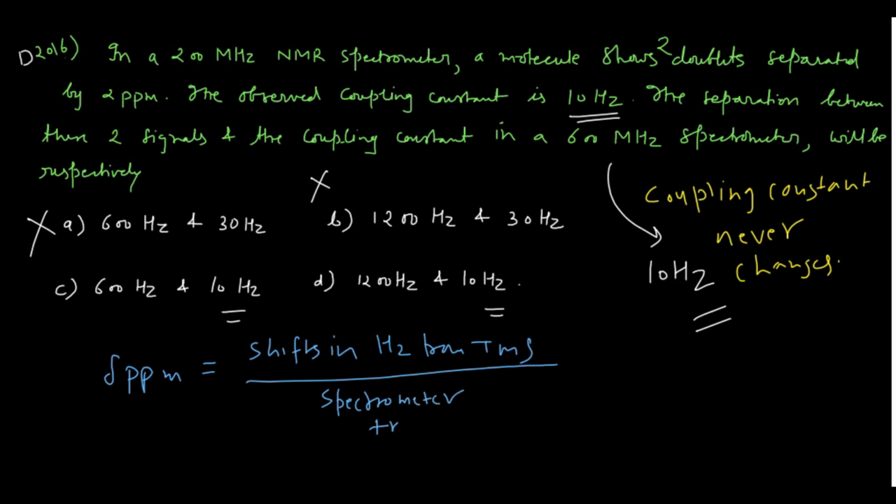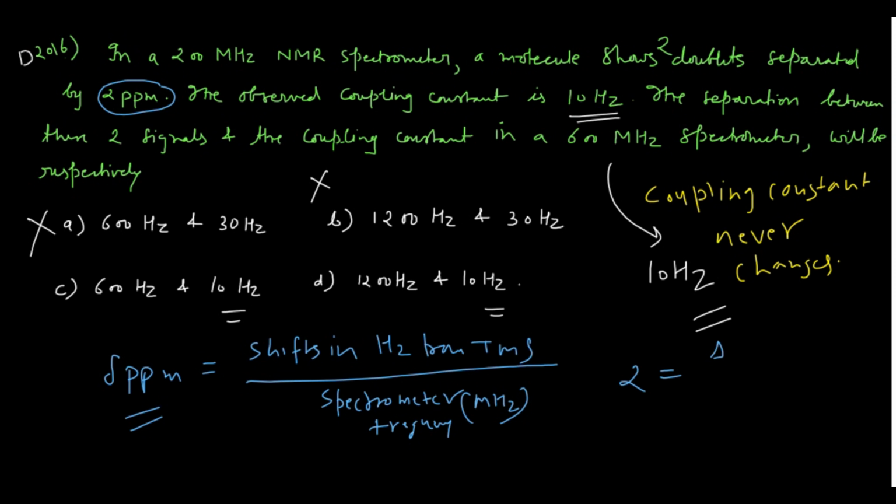This delta ppm is given here, the difference of 2 ppm, so you can write 2 here, and this shift in hertz you have to actually calculate.